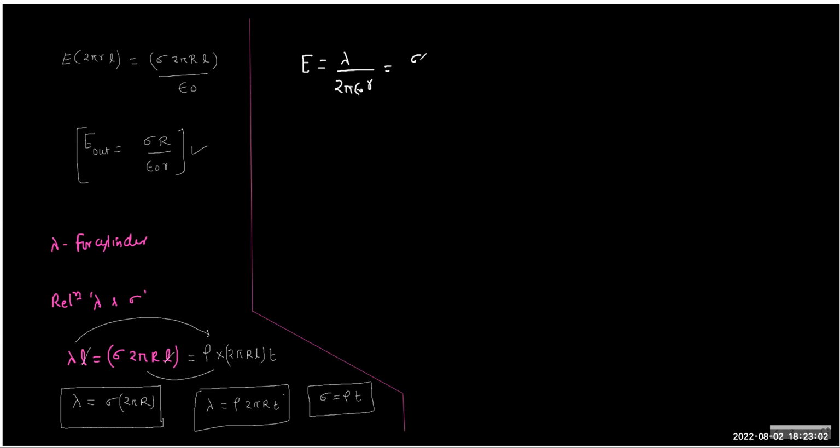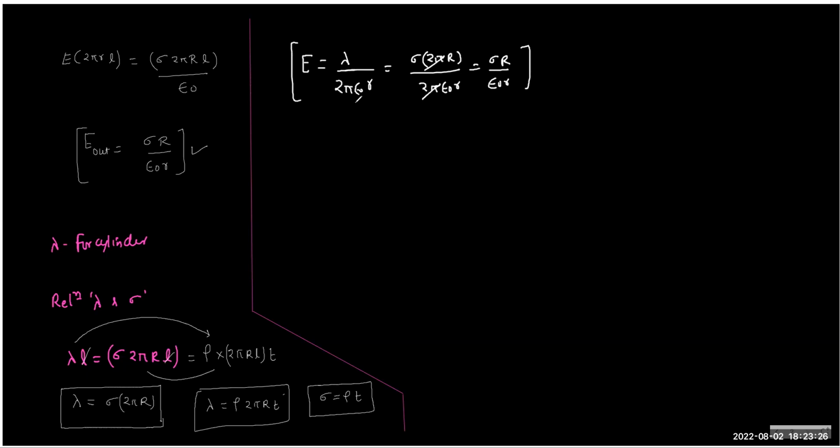So it is sigma into 2 pi r, correct? The lambda and sigma relation. So sigma into perimeter is lambda. And you can see, without remembering or deriving, you can get the answer directly, only by using the conversion.